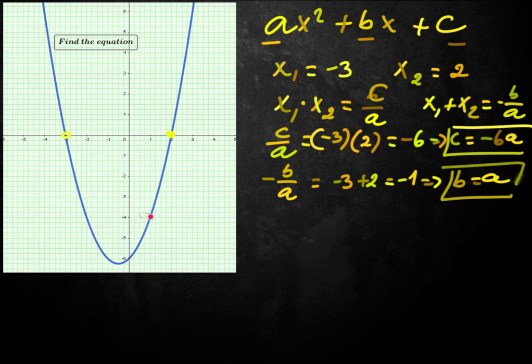We could use another one like -2 also, or when x is equal to 3, y is equal to 6, and all these points would work. So I'm going to use the simple one, when x is equal to 1, to simplify my calculations. So when x is equal to 1, we know y is equal to -4, or f of x is equal to -4.